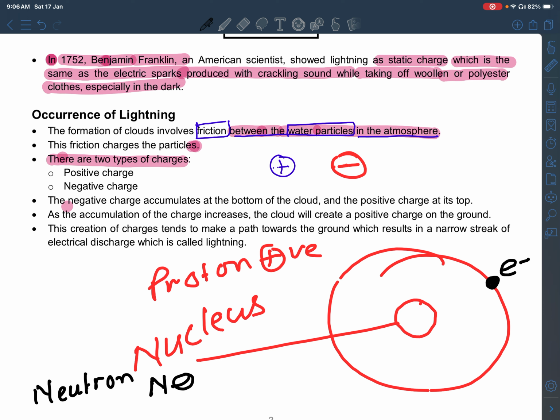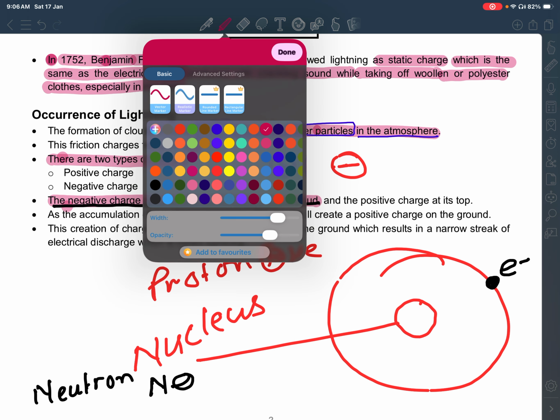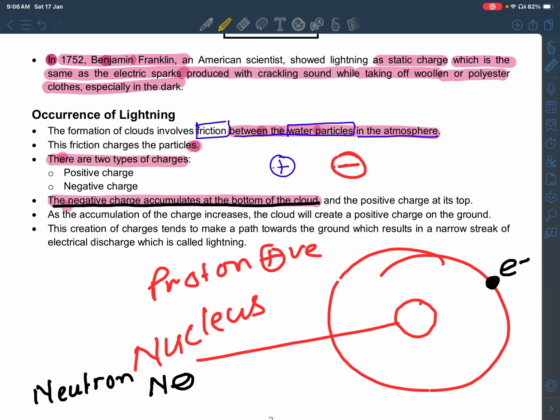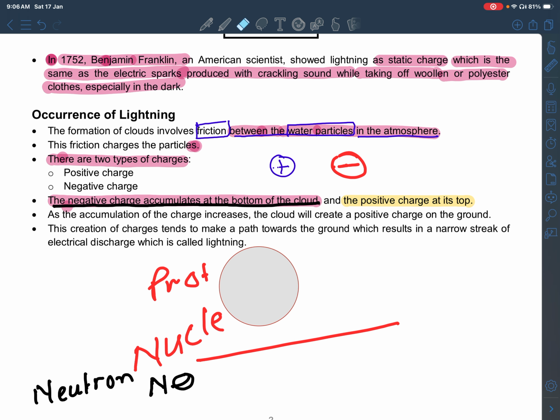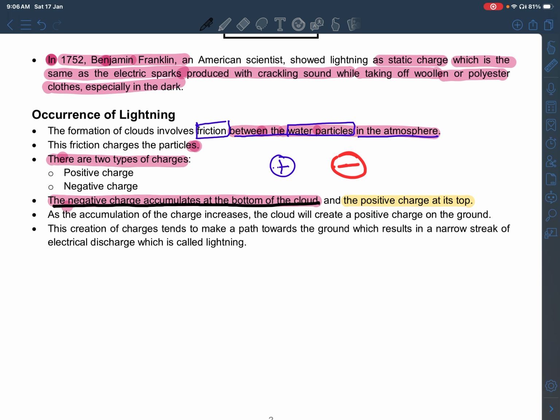Okay. Now, the negative charge accumulates at the bottom of the cloud. Remember, once again, the negative charge accumulates at the bottom of the cloud, and the positive charge at its top. Okay. Now look over here according to the concept.